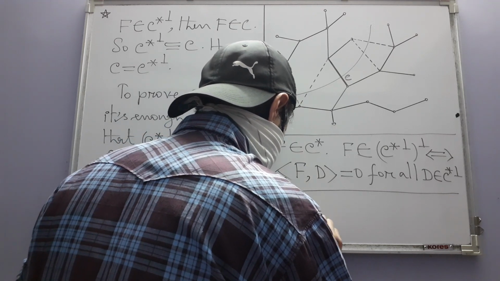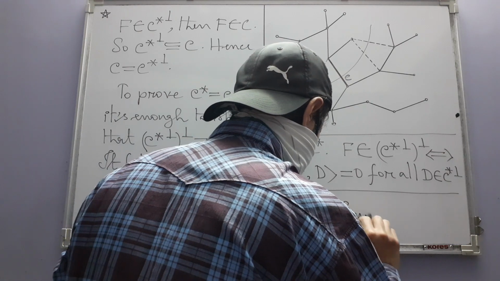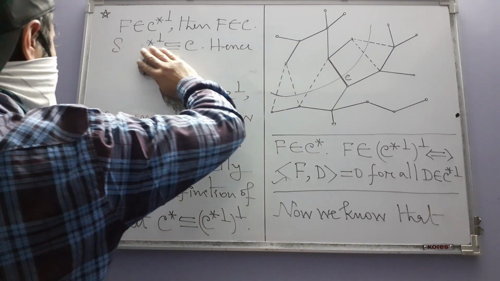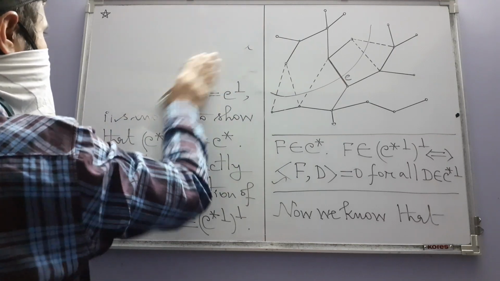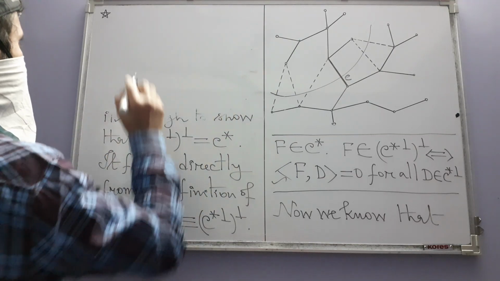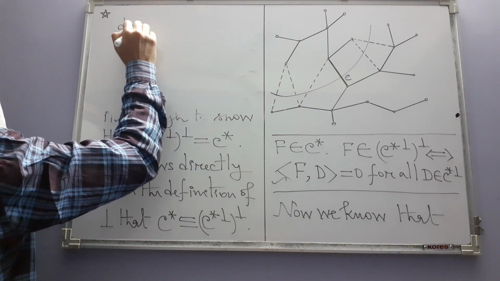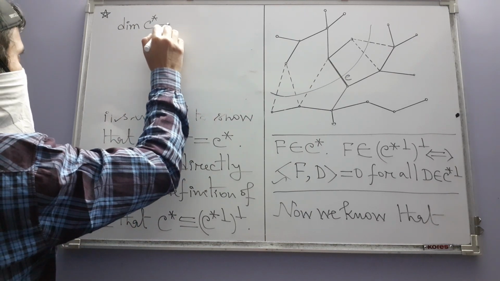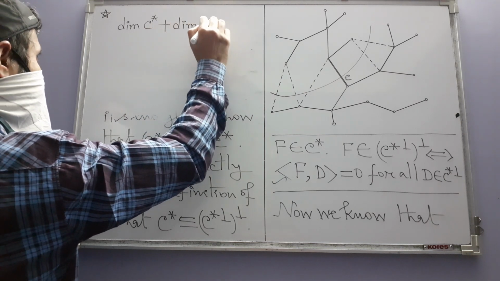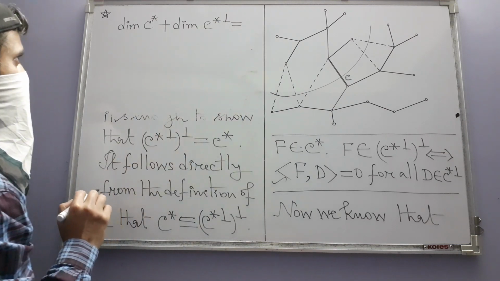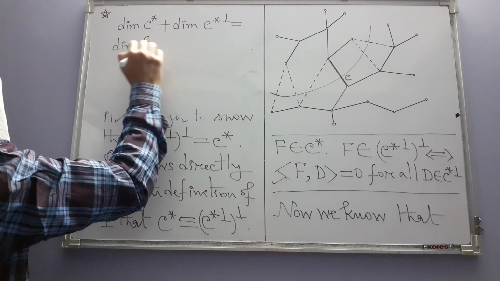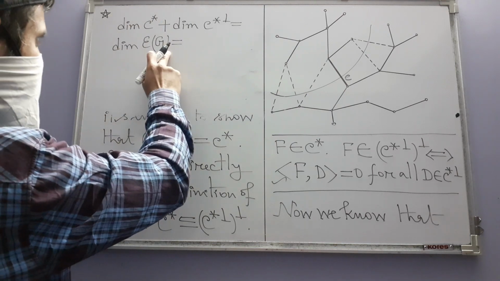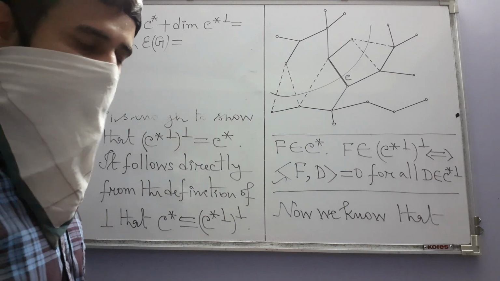Now we know that the dimension of our original subspace, the cut space, plus the dimension of its orthogonal complement is the dimension of the H space of G. But just like C star is a subspace of the H space, C star orthogonal is also a subspace of the H space.